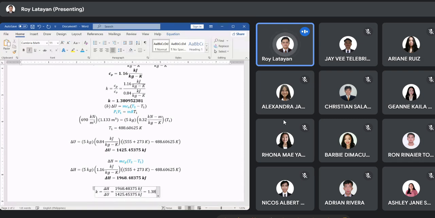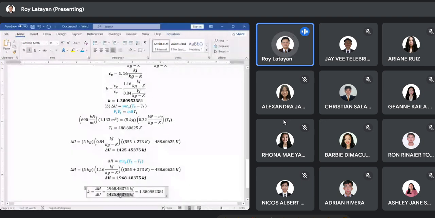So 1.38095238, which is the same dito. So tama yung sagot natin. So yun yung another way.